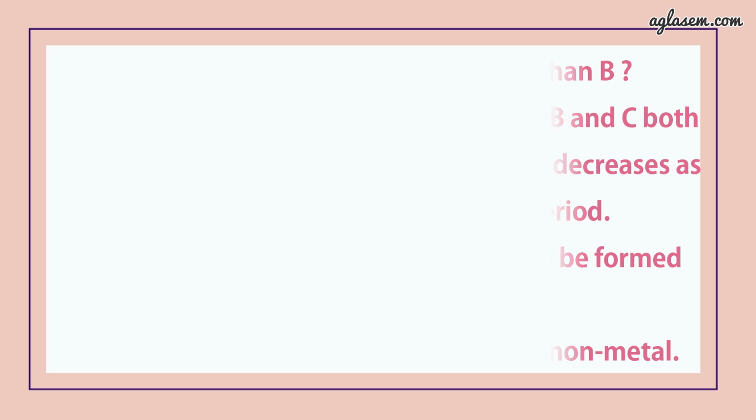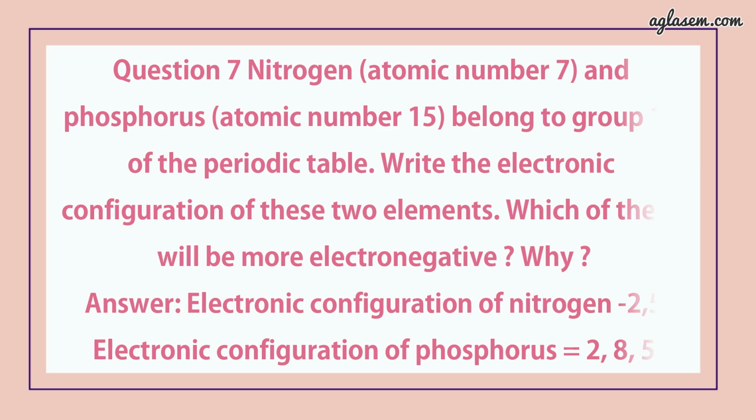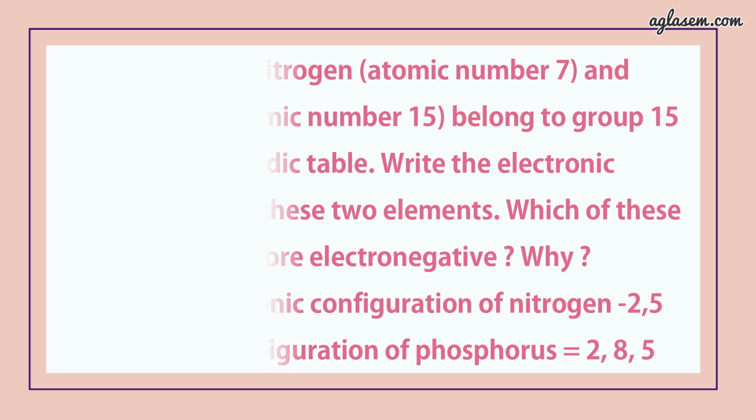Now question number 7 says, nitrogen, atomic number 7, and phosphorus, atomic number 15, belong to group 15 of the periodic table. Write the electronic configuration of these two elements. Which of these will be more electronegative and why? Answer is, electronic configuration of nitrogen is 2 and 5, whereas electronic configuration of phosphorus is 2, 8 and 5.